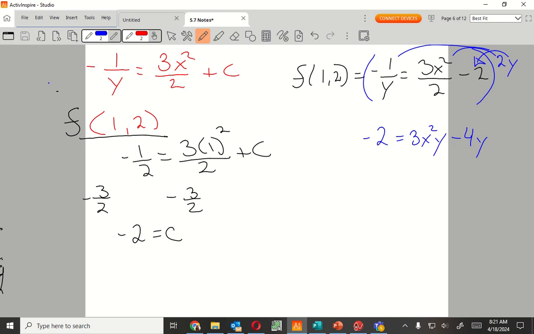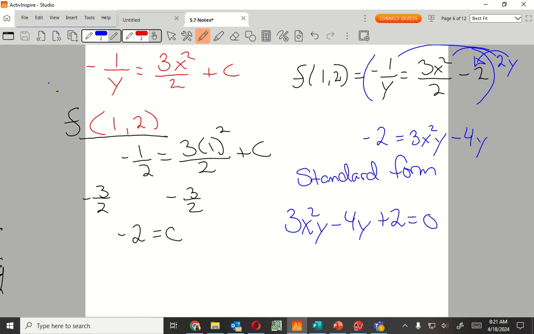So I'm going to rewrite this as standard form: 3x squared y minus 4y plus 2 equals 0. Easy enough? Yeah. Okay.